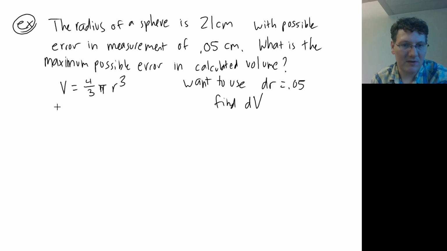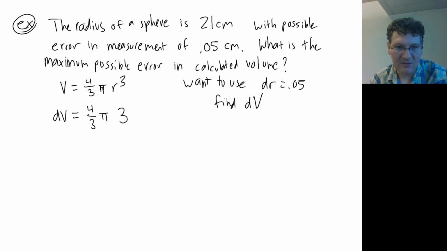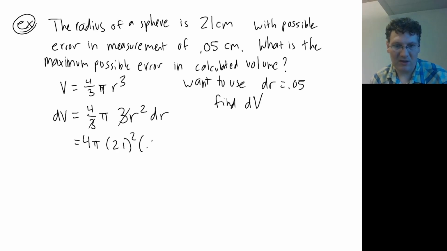So we're going to take the derivative using the chain rule. So dV is 4/3 times pi times 3r squared dr. Well, the 3's cancel, and we're going to plug in. We have 4 pi times 21 squared times the 0.05.